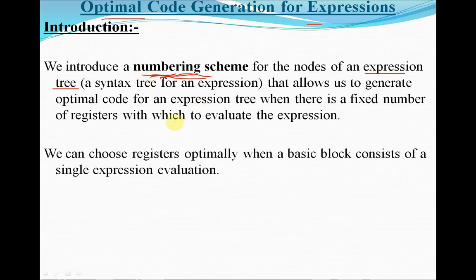Here our assumption is that we have a limited number of registers, so we have to optimize the code in terms of registers so that the optimal target code will be generated for the given expression.